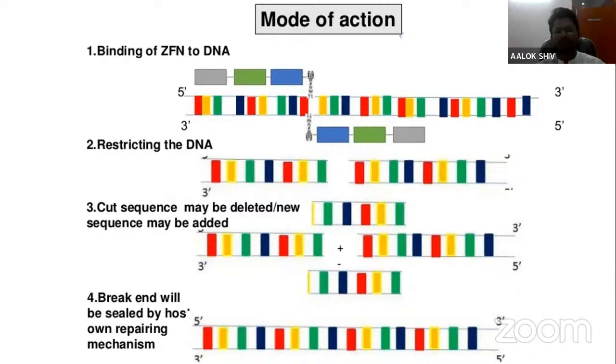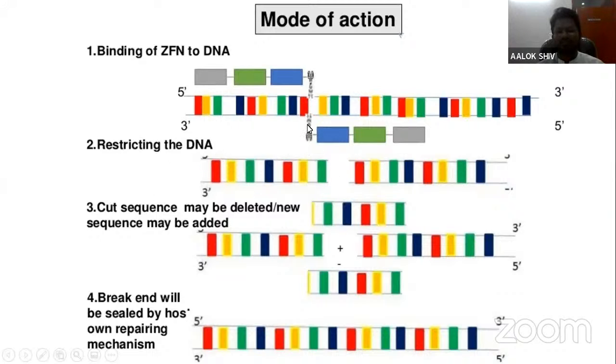The requirement for genome editing is that we should know the location and the sequence of the gene we want to edit. Based on that, we will modify our zinc finger motif. This zinc finger motif is going to bind to the particular gene of interest, and then it will restrict the DNA.